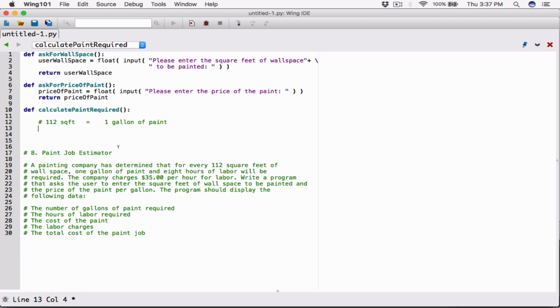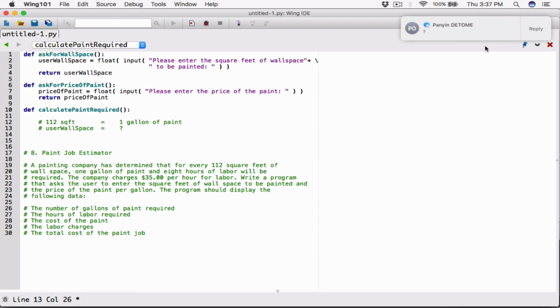If 112 square feet is equal to 1 gallon of paint, then the user square feet, which is the user wall space, the square feet that the user types, is going to be equal to what, right? That's the question we need. That's basically how we have to calculate.